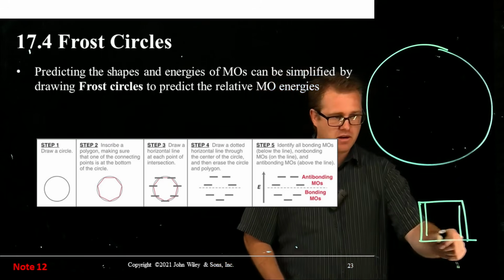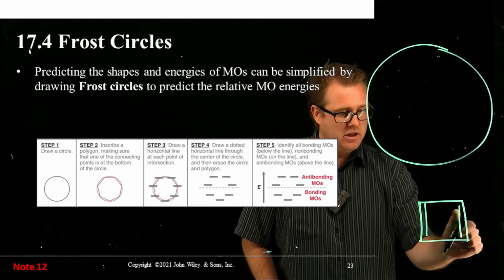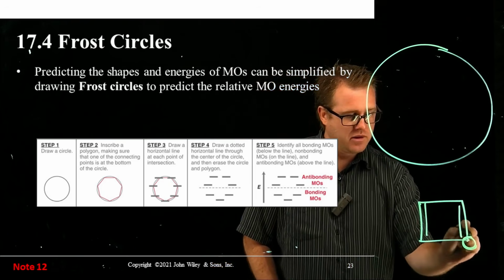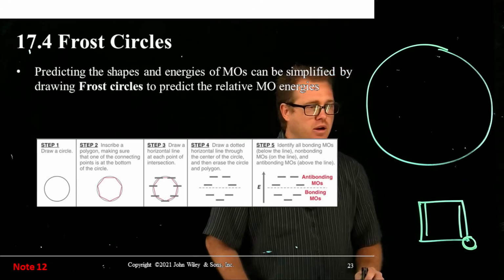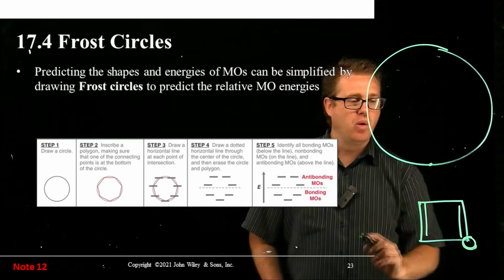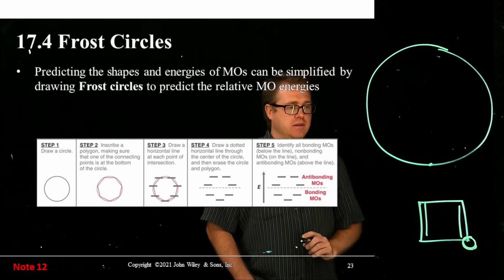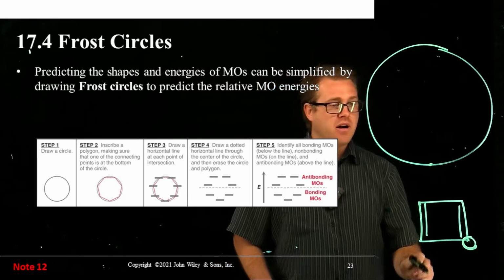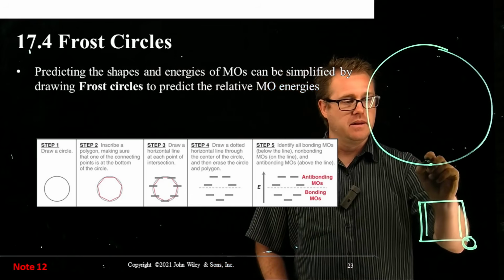But here's the kicker. You have to find a corner, and that corner has to be right in the middle at the bottom point. And then you draw the molecule.